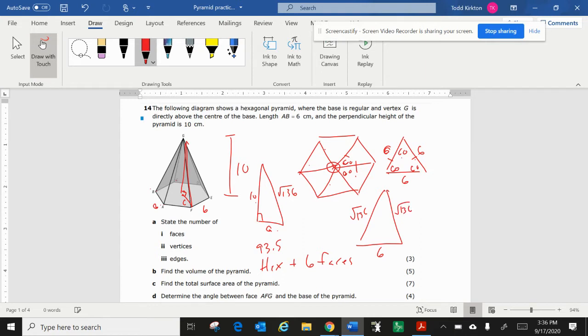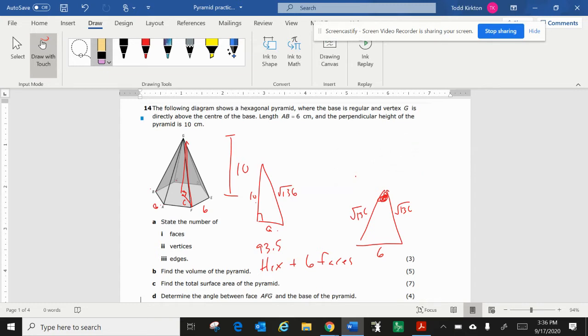Well, I don't have side angle side yet, but I can find this angle using either sines or cosines. It's not a right triangle. So I'm going to ask myself, do I have an angle side pair? Which I don't. So that means I'm using law of cosines. So if I call that C, the cosine of C equals the two sides on either side of it, squared, minus the side across from it squared.